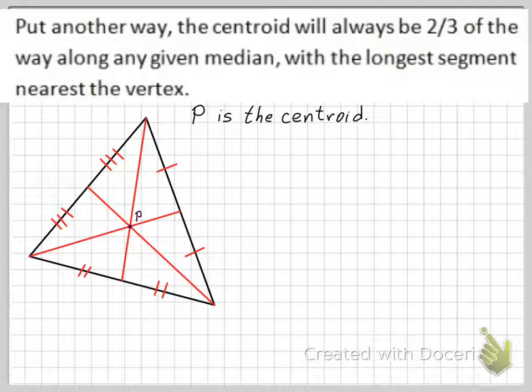Okay, that the centroid is 2/3 of the way along any given median with the longest segment nearest the vertex. So in other words, it's saying that this portion will be 2/3 of this whole entire thing, and this then, of course, follows that this would be the remaining 1/3. Okay?